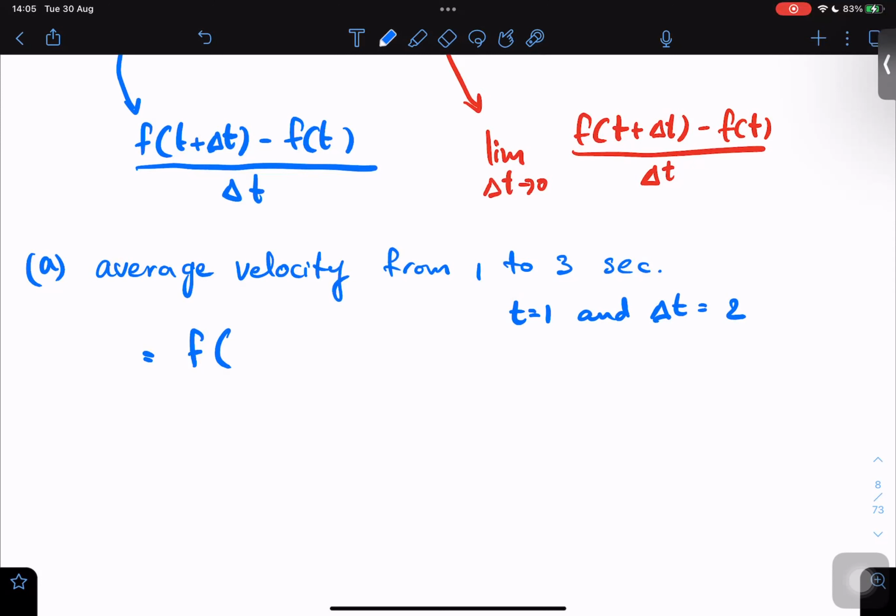So this will become f of 3 minus f of 1 over 2.